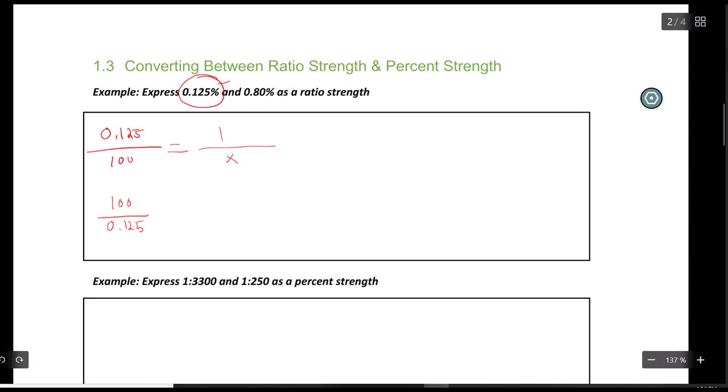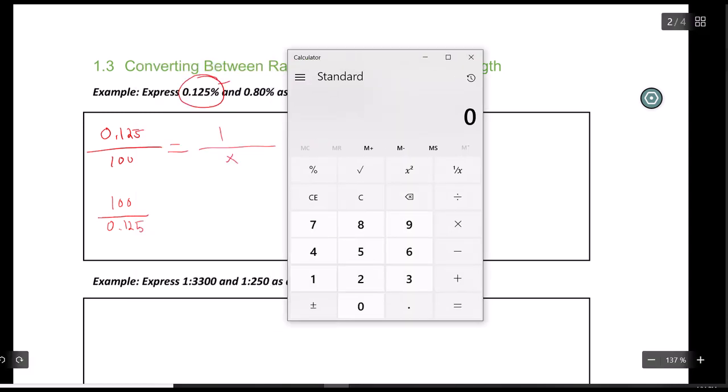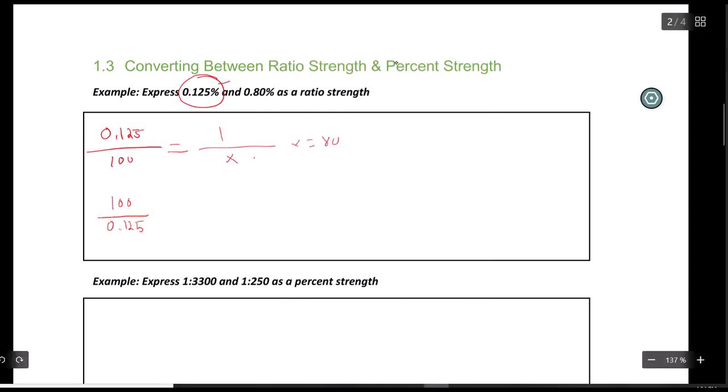So for example, if I took 100 and I divide that by 0.125, I get 800. It would be the same thing with x is equal to 800 here. This is equal to 800. So the concentration expression for 0.125% can equal 1 to 800.